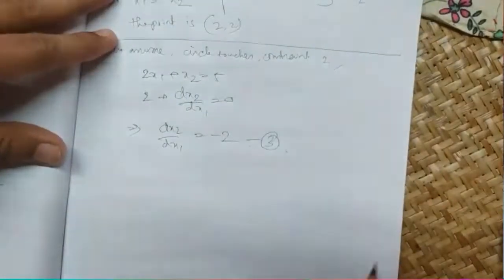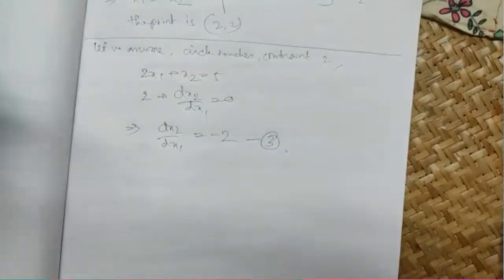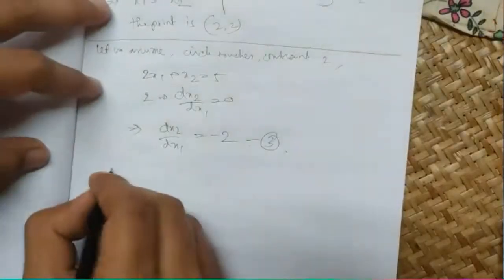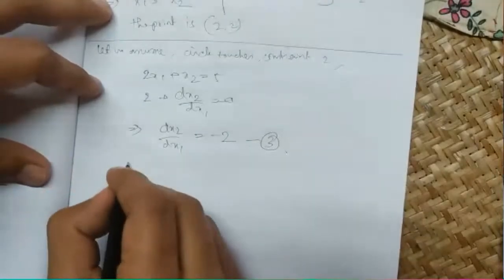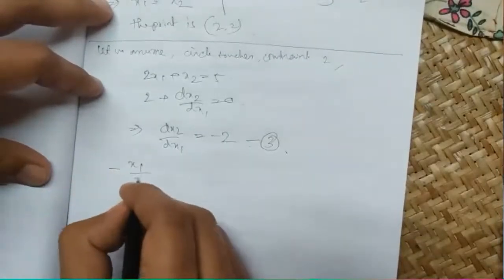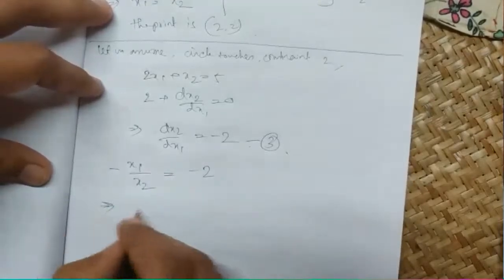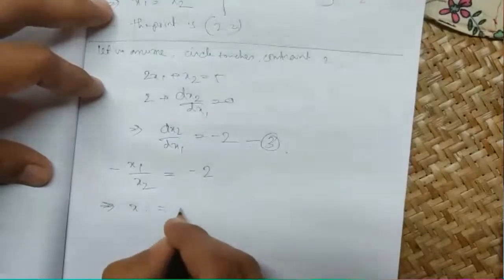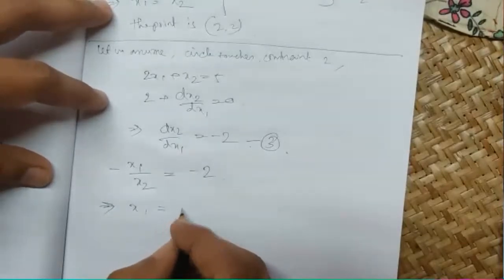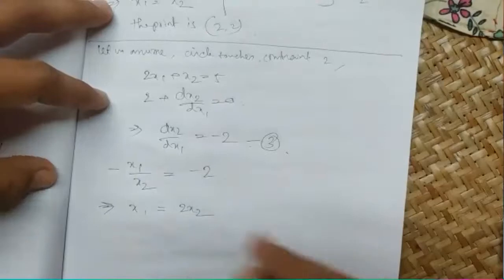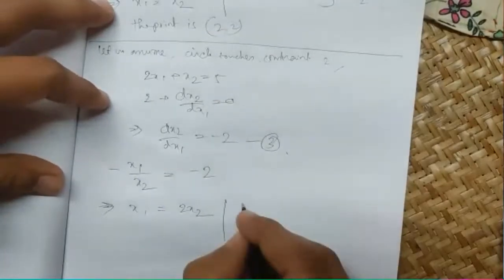Now if the circle touches constraint 2, then the value of dx2/dx1 of the circle, which we found earlier from equation 1, minus x1 by x2, is equal to minus 2. So from here we get x1 is equal to 2x2. Now we have two different equations. One is 2x1 plus x2 is equal to 5.